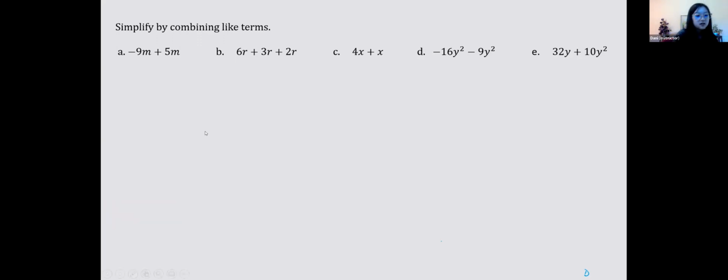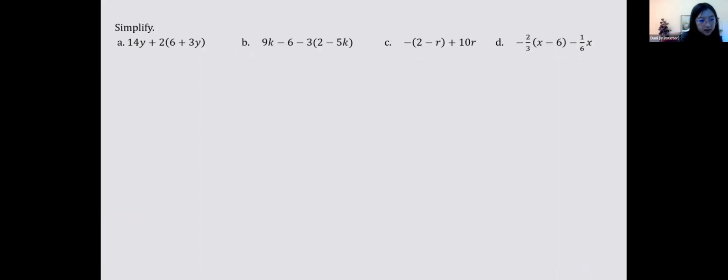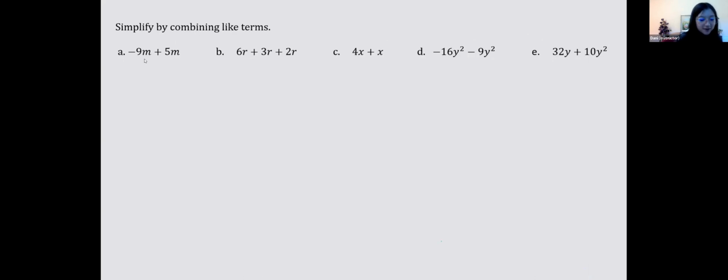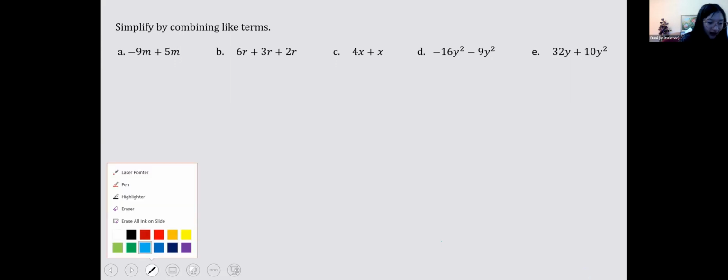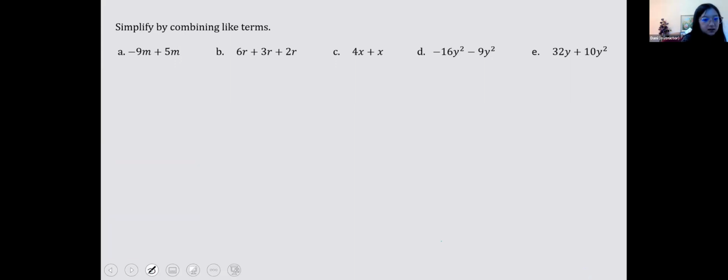Okay. So for A, these two are like terms because they have the same variables. So this will be 9m plus 5m, which equals negative 4m, because when you combine like terms, you are essentially doing the calculations with the coefficients.